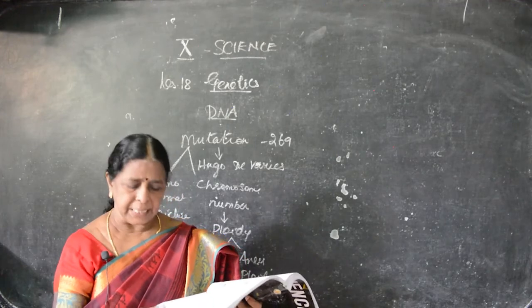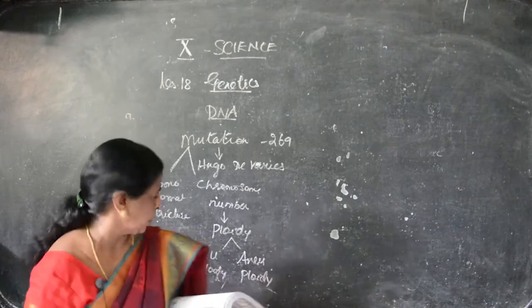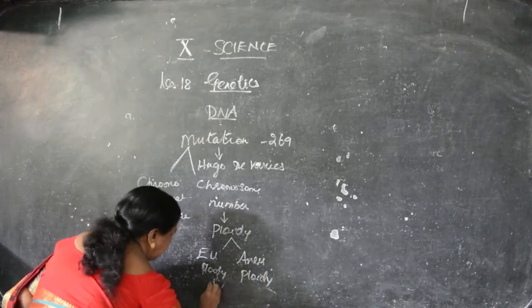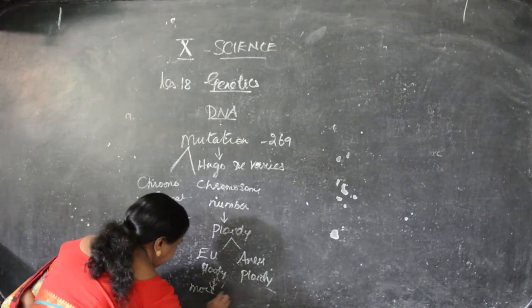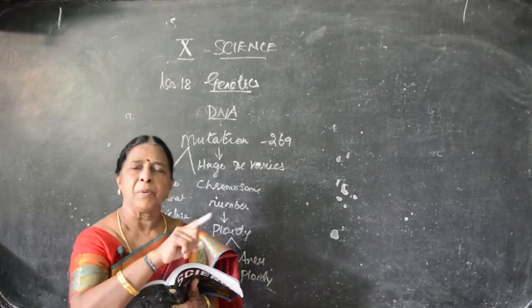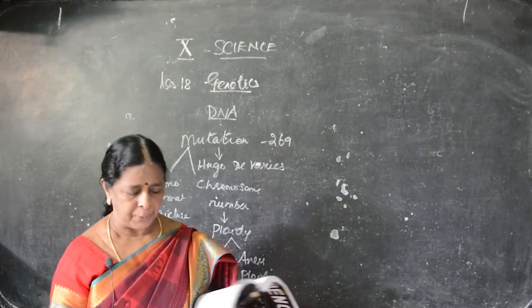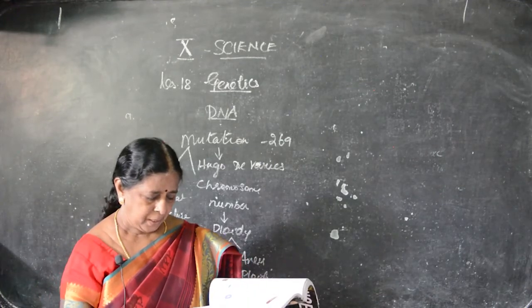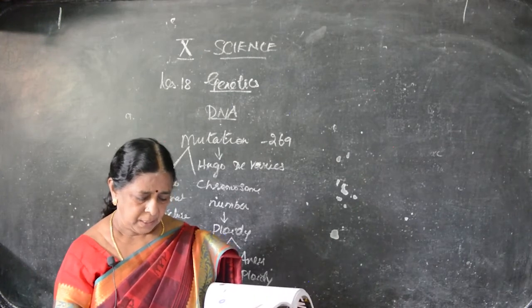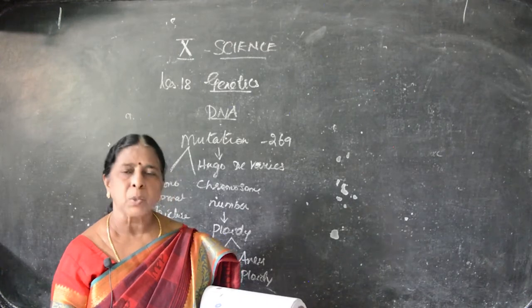Euploidy is the condition in which the individual bears more than the usual number of diploid chromosomes. Here, in euploidy, there are more chromosomes than 2, diploid. What does 2 mean? One from father, the other from mother. So normally you have 2 diploid chromosomes. If an individual has 3 haploid sets of chromosomes, the condition is called triploid.